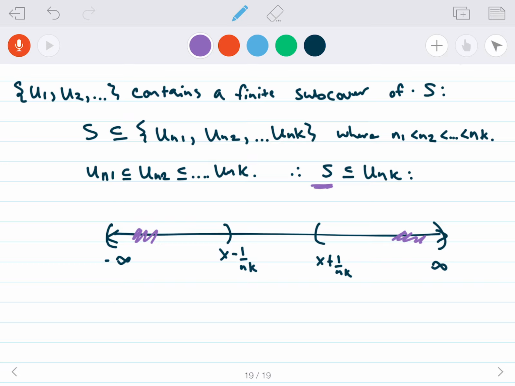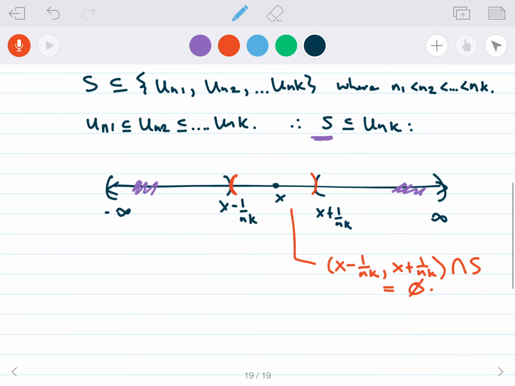It's completely contained in there. And this is x, and this is our neighborhood, x minus 1 over nk to x plus 1 over nk. Notice that this intersected with S is going to be empty, and this is going to give us a contradiction.